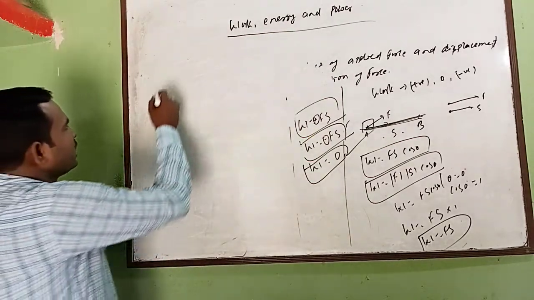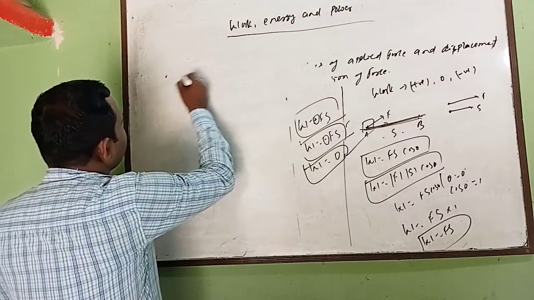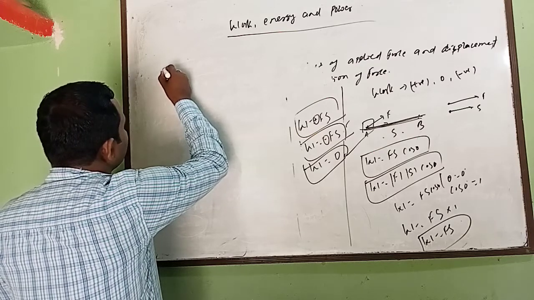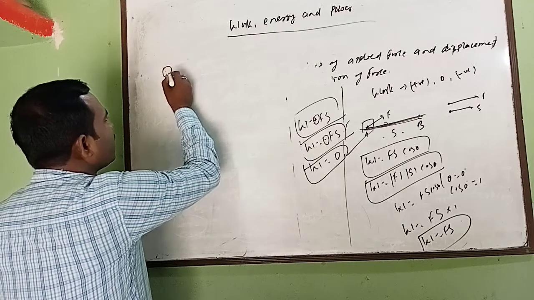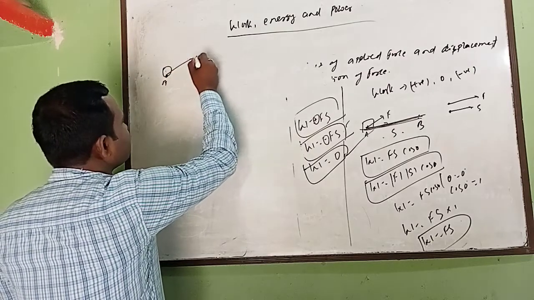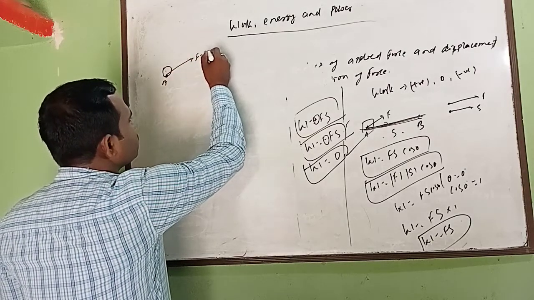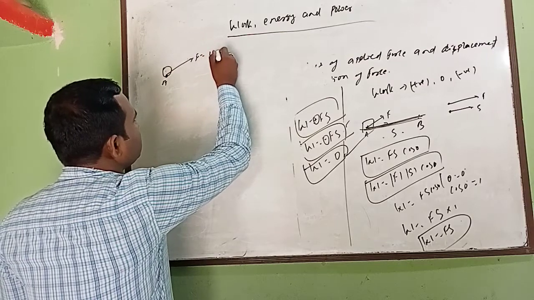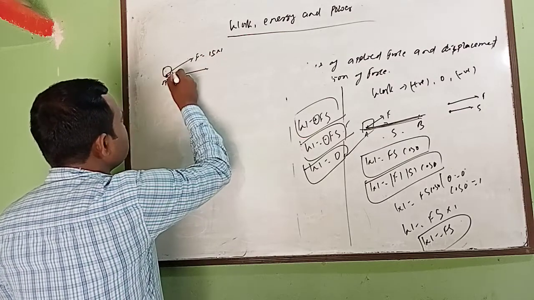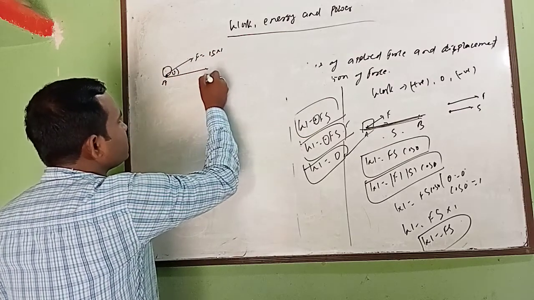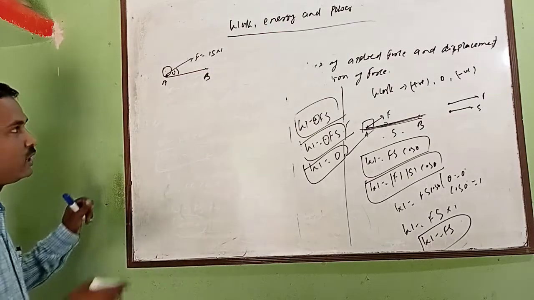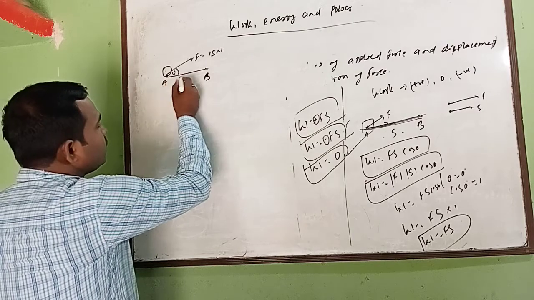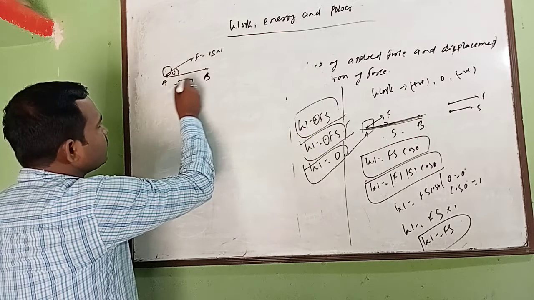Now suppose that A is a point and here one object lies. When a force of, suppose, 50 Newton is acting, due to which it is displaced from A to B, and suppose A to B is 20 meters of displacement.